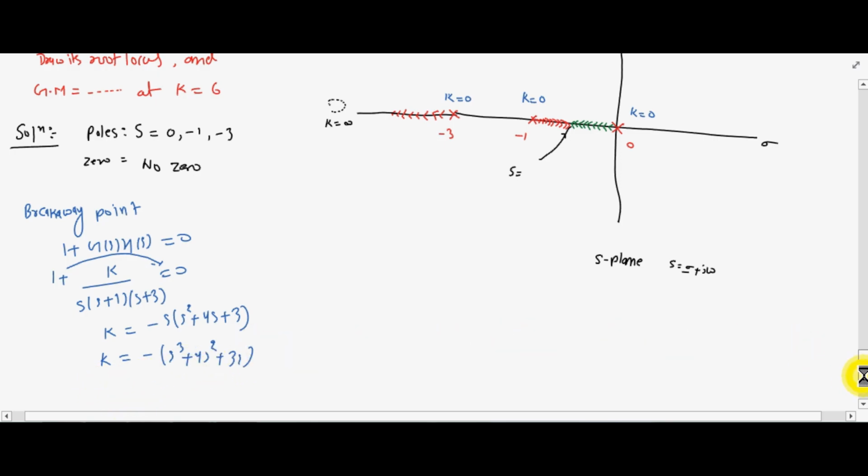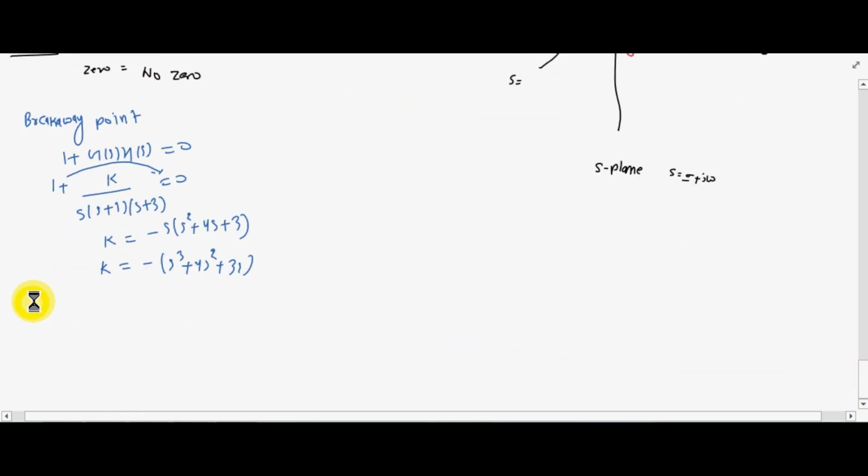Now differentiate this k with respect to s, and we get minus 3s square plus 8s plus 3.